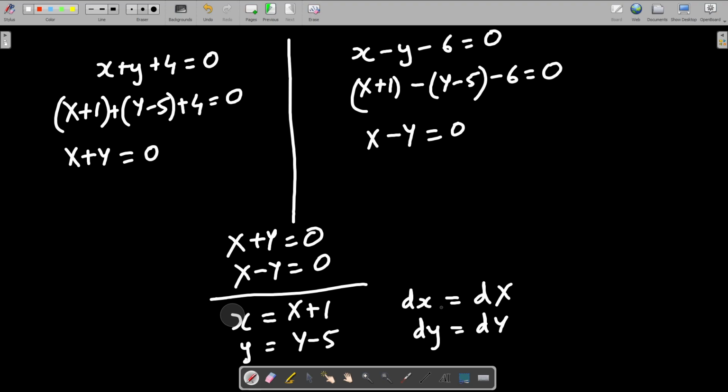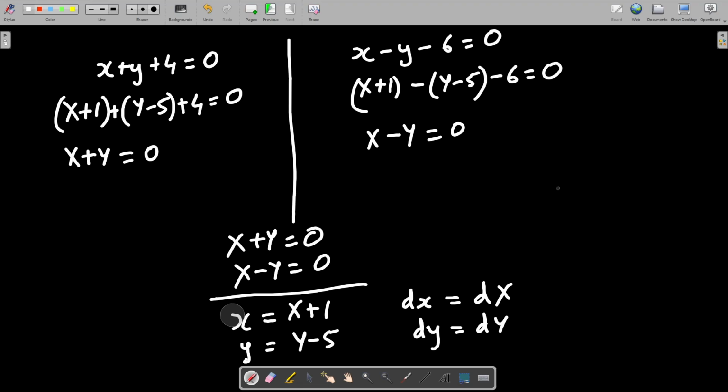I have done some mischief here which I have not explained to you all now. You can just believe this for the time being. You can think of it like this, that I have taken the derivative of capital X with respect to small x.